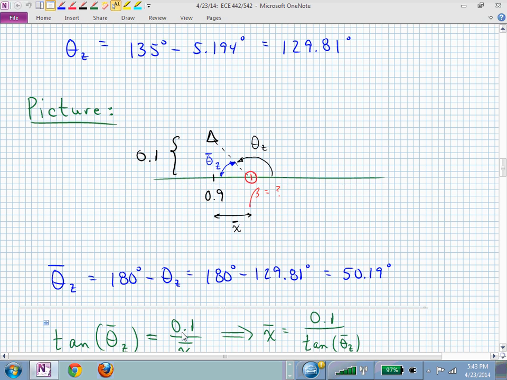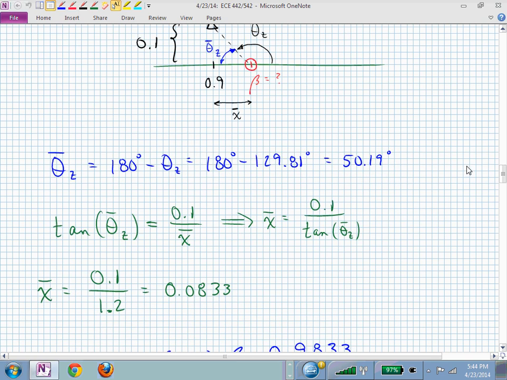So now I've calculated this theta sub z bar based on what theta sub z was, which says that the angle between the real line and that triangle location, the desired location, is 50 degrees. Whoops. And now I can use my trig. I know the tangent of that theta sub z bar is the vertical displacement, which is 1/10 of a unit, over how far to the right I am of 0.9, and that's my x bar value.